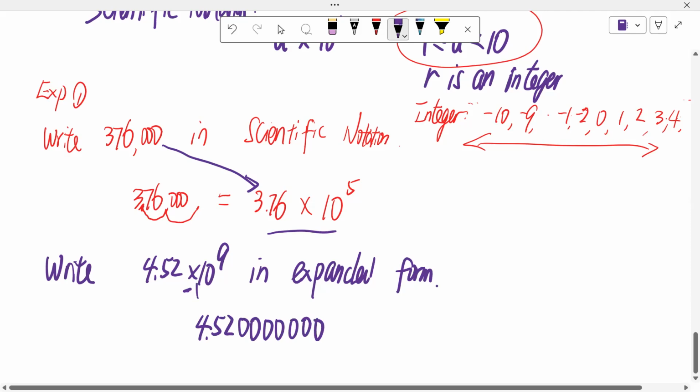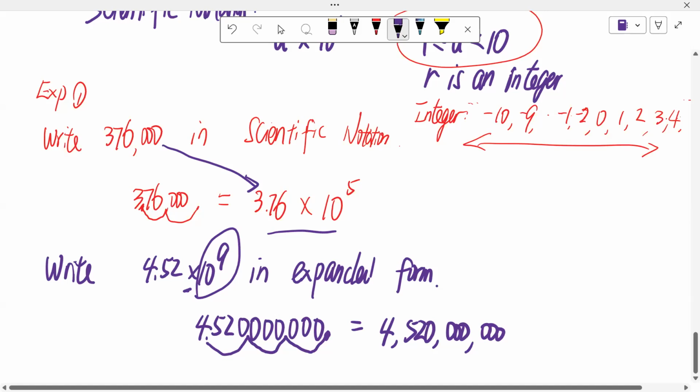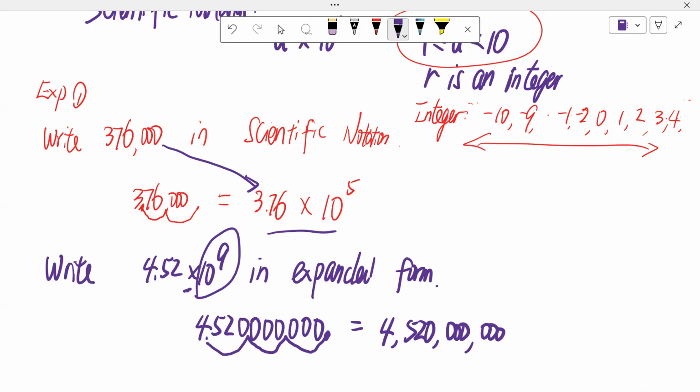Because it's times 10 to the 9th power, you're going to move the decimal to the right 9 units. So this is 3 units, 6 units, 9 units. Now the decimal goes here. That means this is 4,520,000,000. That's how you turn scientific notation back into standard notation.